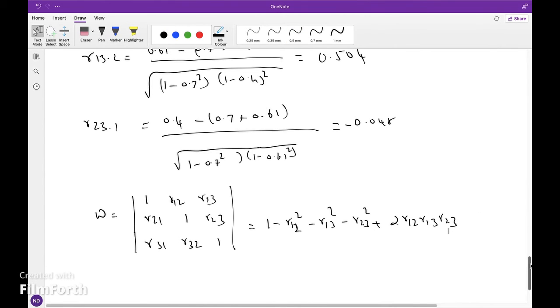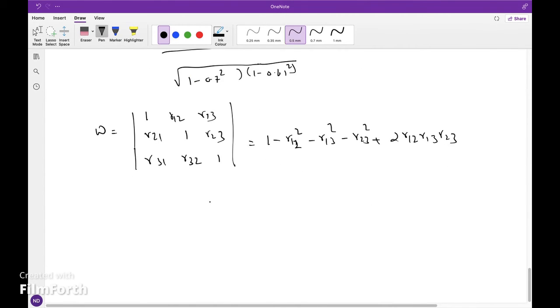So substitute this value: 1 minus 0.7 squared, minus 0.4 squared, minus 0.61 squared, plus 2 into 0.7 into 0.61 into 0.4. When you use a calculator, you get 0.32.